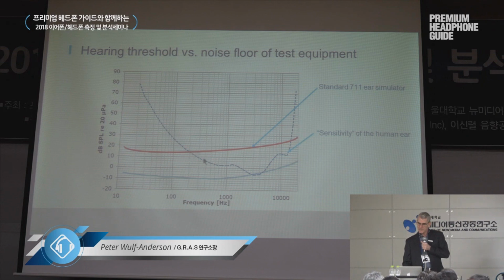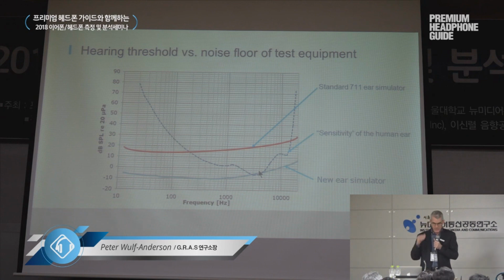And as you can see, there's still a big area down here where the human ear can hear, below the red line, where we cannot do measurements because of the noise floor. But the new low noise ear coupler we have done lowered the noise floor down to, you could say, the human hearing threshold.